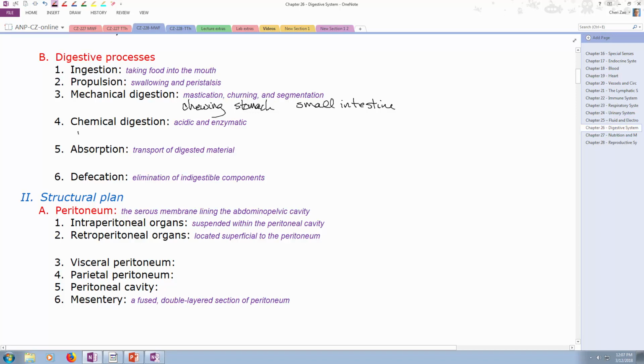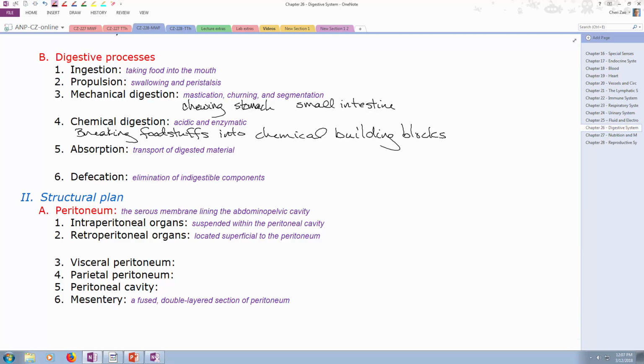We are breaking our foodstuffs into the chemical building blocks for absorption. And those chemical building blocks are referred to as monomers.